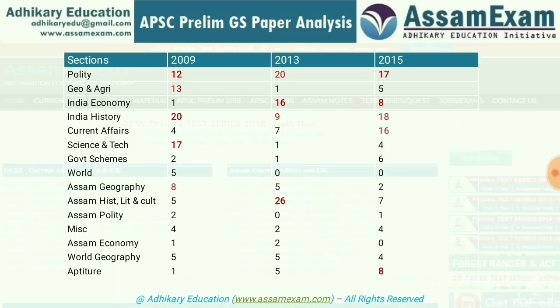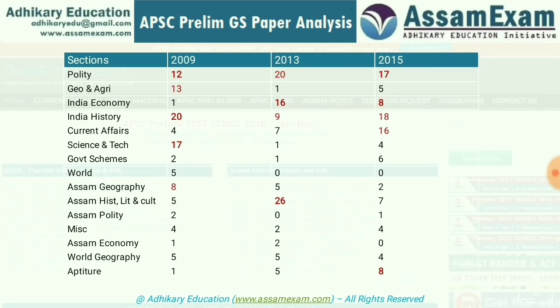That geography means it will cover ecology, environment, Assam's fauna and flora, animals and plants, rivers, mountains, national parks, everything. Then Assam history, literature and culture, I have combined them. Here also 5 questions. Other than this, all other sections have very few questions.